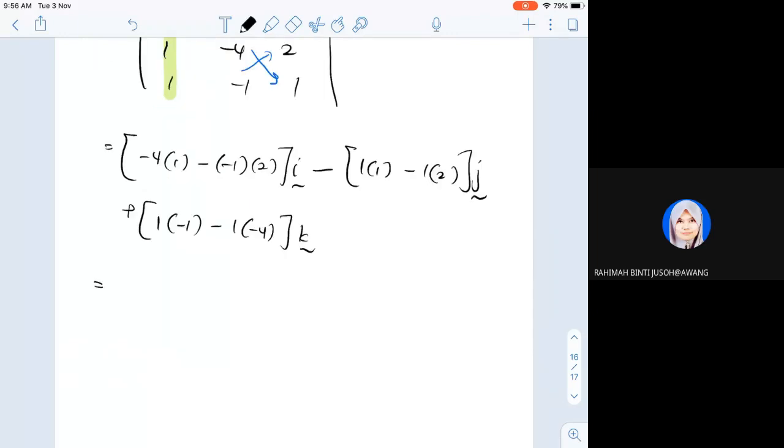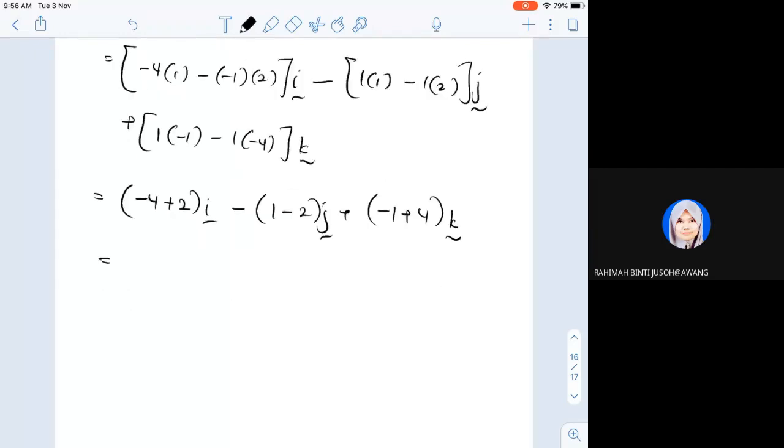So we will get negative 4 minus becomes 2, I. Then minus 1 minus 2 J, plus negative 1 minus plus 4 K. So we will have negative 2I minus 1 becomes plus J, minus becomes plus 3K.